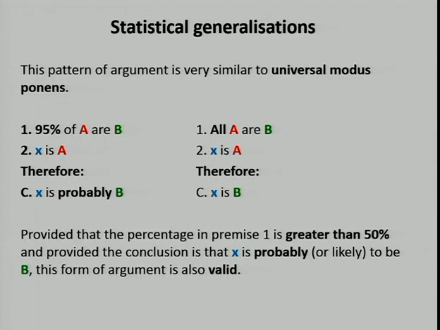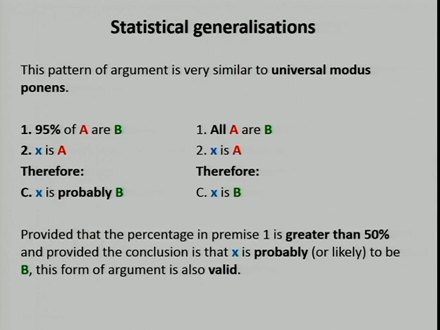It's just not saying all, but it's saying so-and-so many percent of X is in that subgroup of so-and-so many percent, therefore the conclusion in this case is probably true. It's a valid argument form.